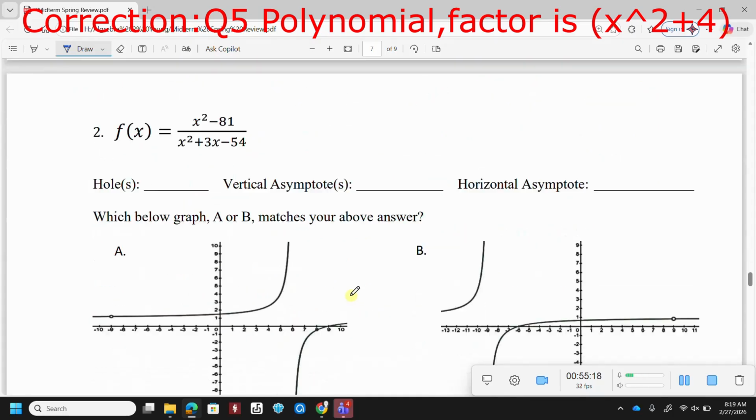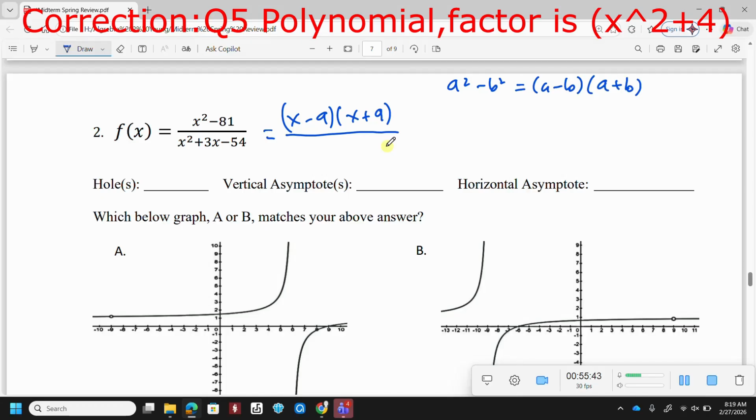All right. So this one over here, we have to factor this. So we're going to have x minus 9 and x plus 9. This is the formula that we learned in class: a squared minus b squared equals a minus b times a plus b. So x is a and b is 9.